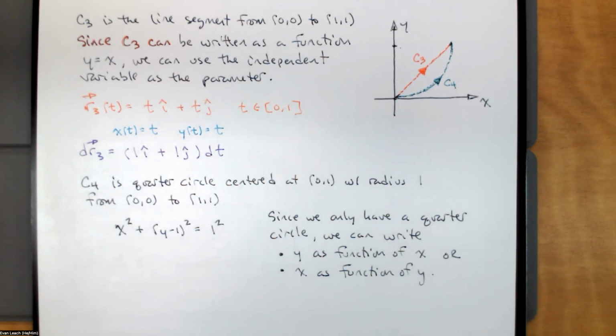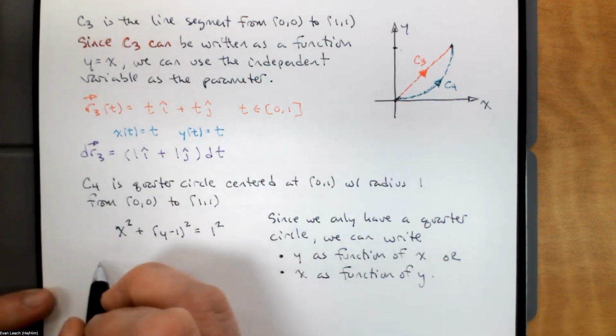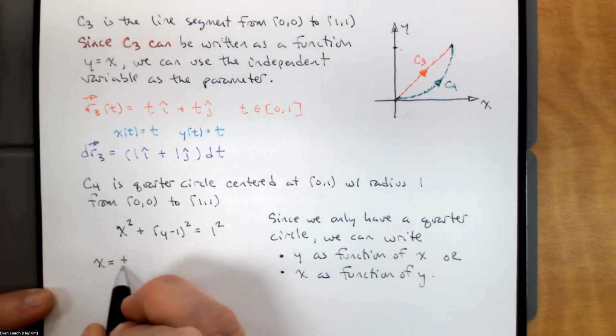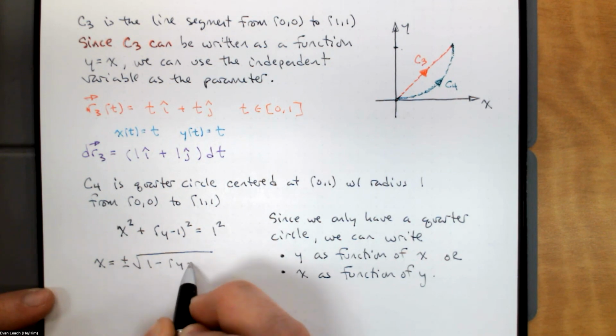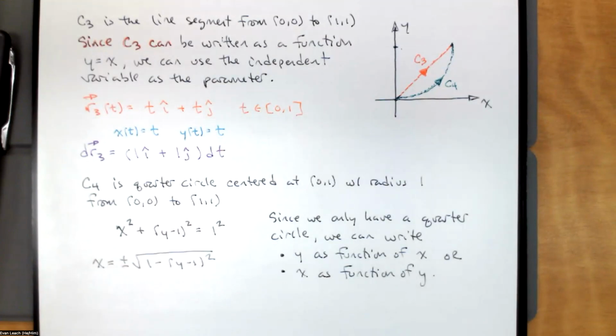So if we want to write x as a function of y, then I'll just start rewriting the equation. If I solve for x, we can say x is plus or minus the square root of 1 minus y minus 1 squared. Now, this is going to be the left semicircle and the right semicircle using y as a parameter.